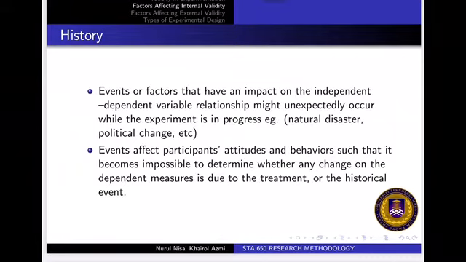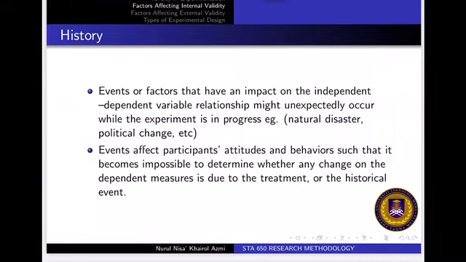For example, natural disaster, political changes, and so forth. Okay, remember, internal validity ni actually you do the experiment under natural setting. So you nak tengok sama ada dia under natural setting lah.